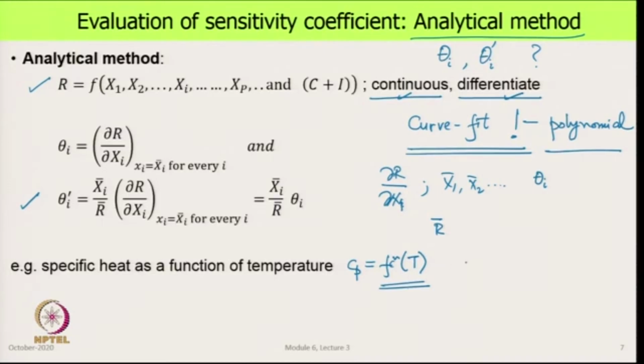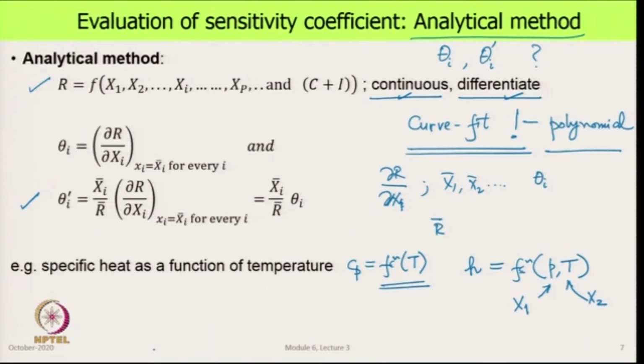It could be possible that something, say for example, specific enthalpy, could be a function of pressure and temperature in the superheated vapor or for a gas. In this case, our P becomes x1, T becomes x2, and if we have a clear expression over here, we can then differentiate it and do the calculations as explained here.